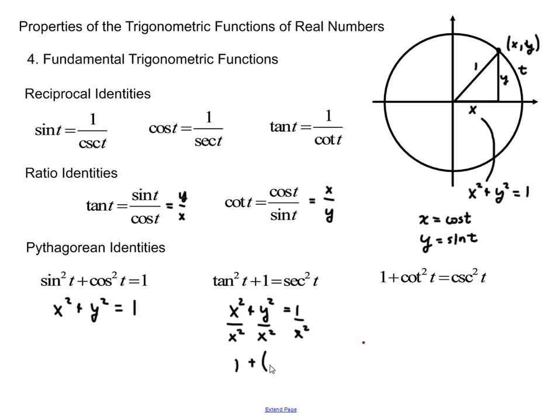Y squared divided by x squared is y over x quantity squared. And 1 over x squared is the same thing as 1 over x, quantity squared. Well, 1 over x is our secant, y over x is tangent, so 1 plus tangent squared t is equal to secant squared t.